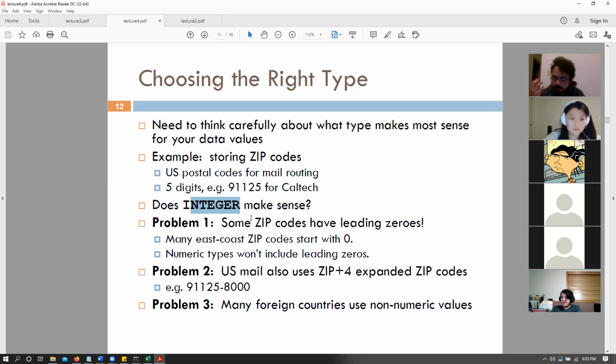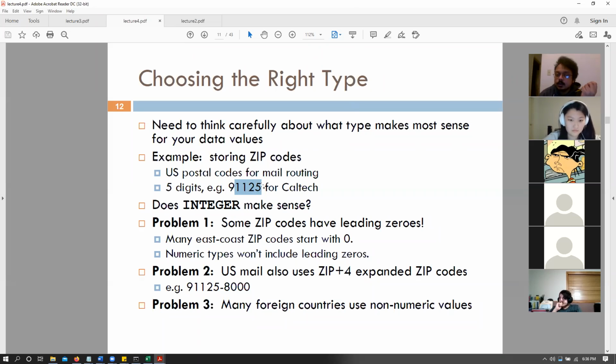So different countries have different requirements for their zip codes. So in general, it is better to use characters for our zip codes. And even in the US, if you have characters for your zip codes, we can say that there are 5 characters in our zip codes, and we can use a char 5 or a varchar 5, right?